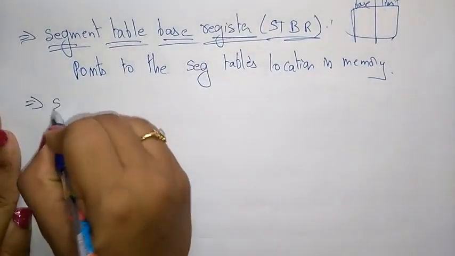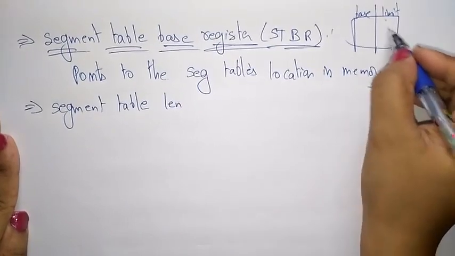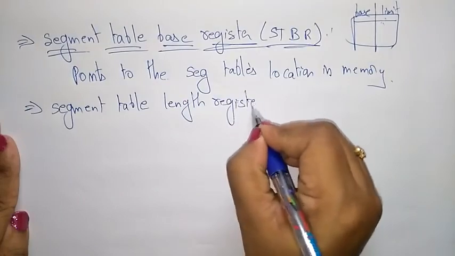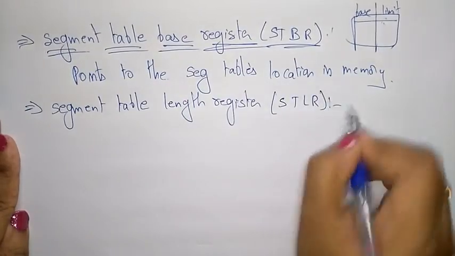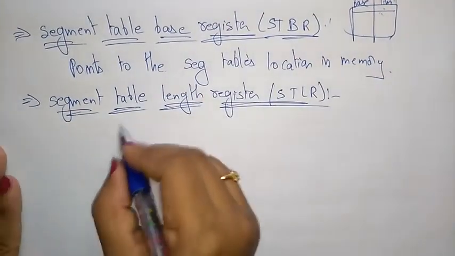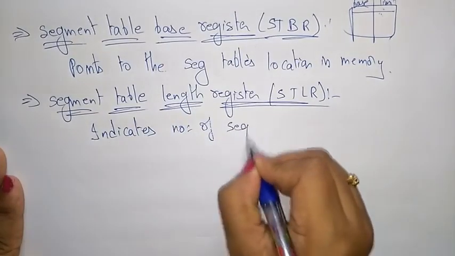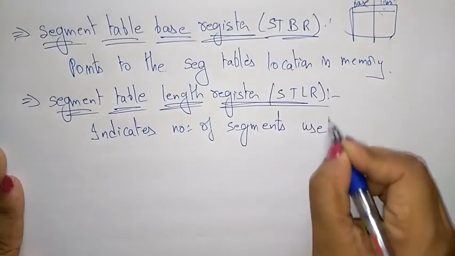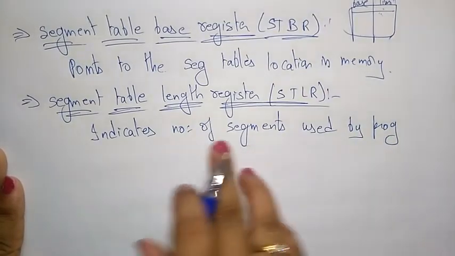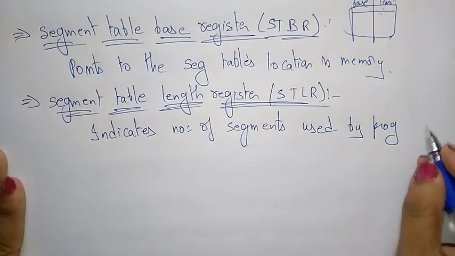Whereas the segment table length register, I am talking about the limit, is STLR. STLR means segment table length register. It indicates the number of segments used by the program.